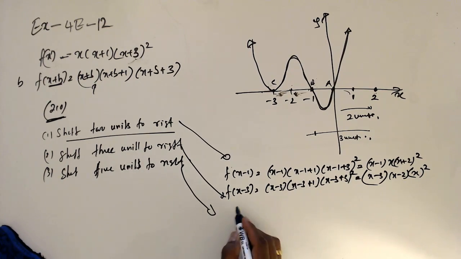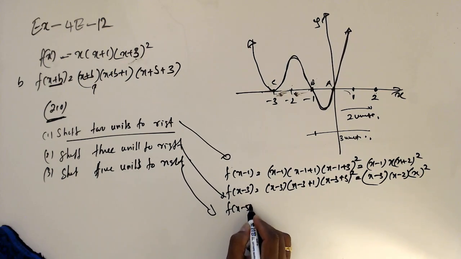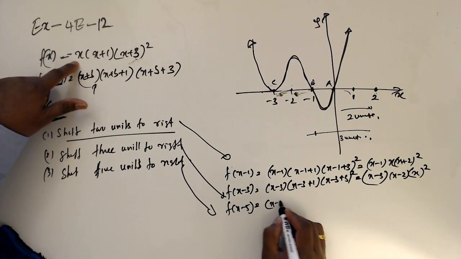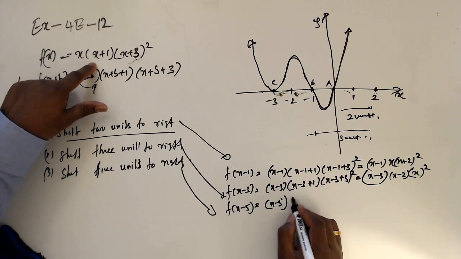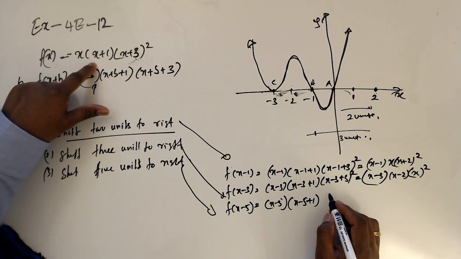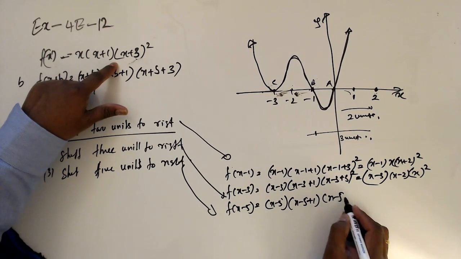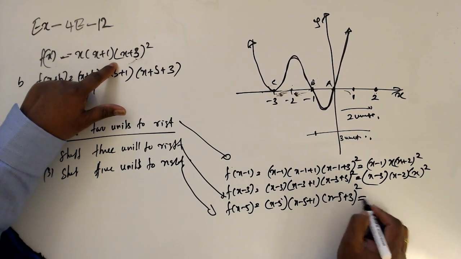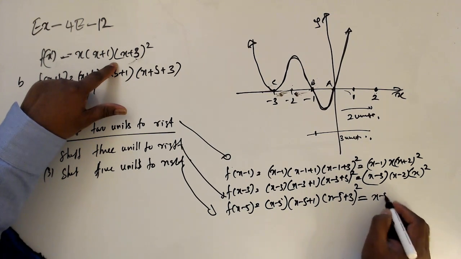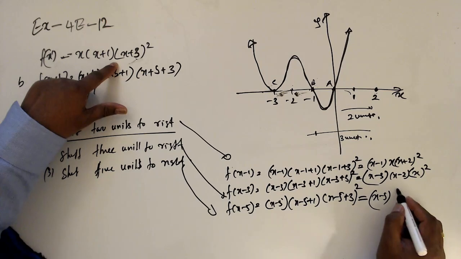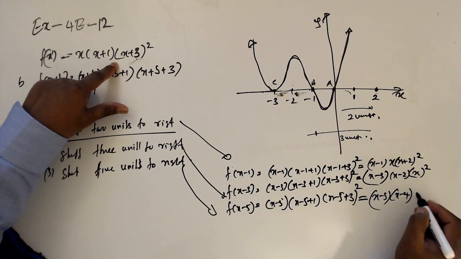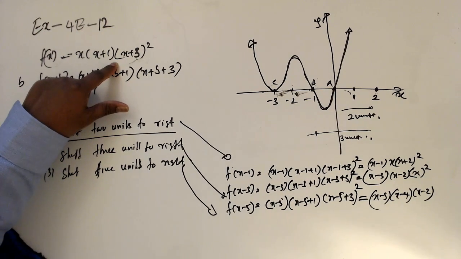Then the last option, 5: x minus 5. Instead of x, this one: (x minus 5) times (x minus 5 plus 1) times (x minus 5 plus 3) squared, equals (x minus 5), (x minus 4), and (x minus 2).